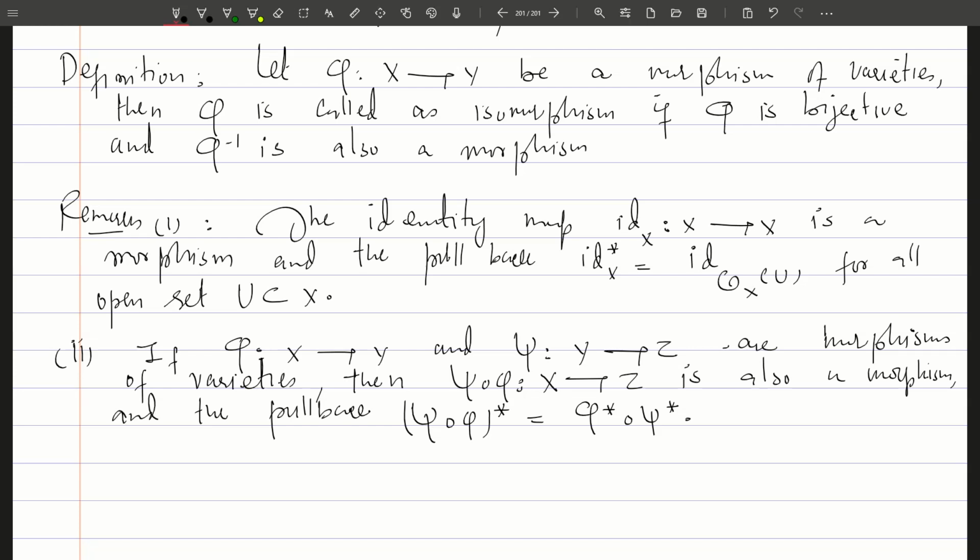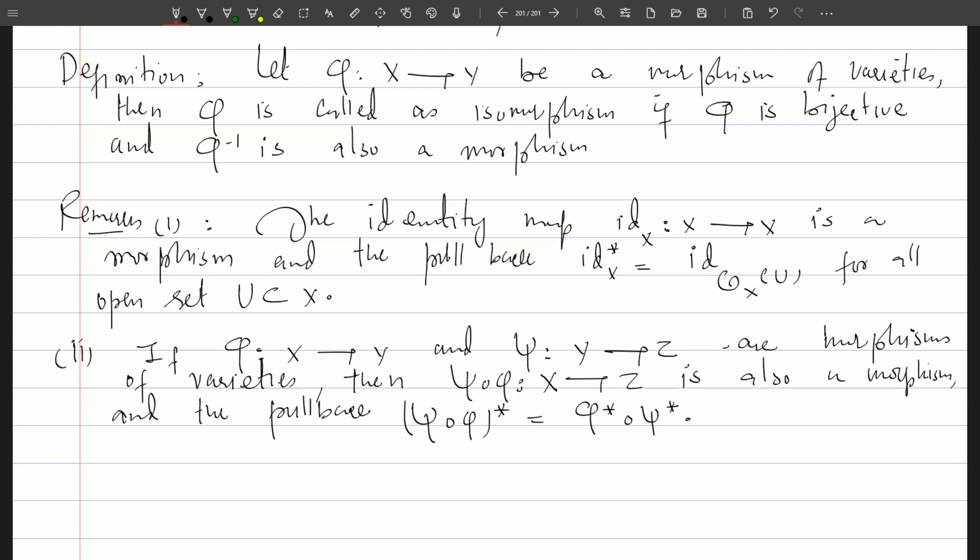Now, to check whether a map between varieties is a morphism is not easy. It is a little bit clumsy, because to check a map is a morphism, first we have to check whether it is continuous, and then we need to verify whether, if we look at regular functions on open sets, their pullbacks are also regular or not.